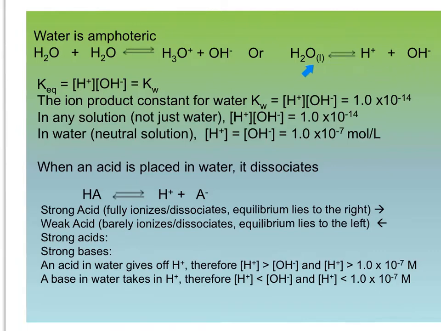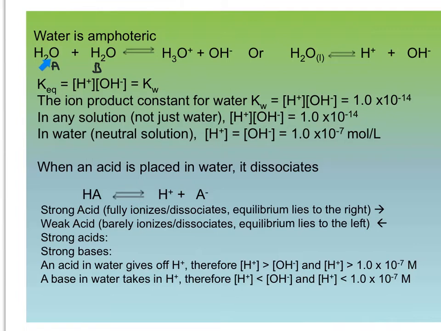If we look at this, according to the Arrhenius definition, we are giving off H pluses, which means it's an acid. We're also giving off OH minuses, which means it's a base. Or, if you prefer, you can look at this equation here. You have two water molecules, and let's say this water molecule behaves like an acid, and this molecule behaves like a base.